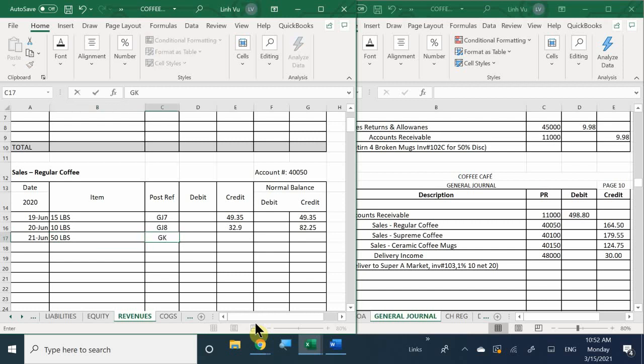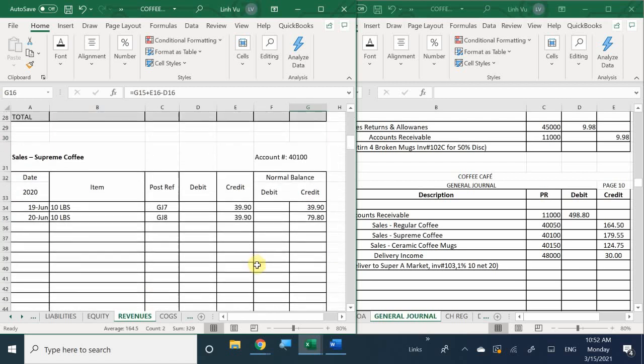General journal number 10, for a total of 160.50, giving me my ending balance of 246.75. Good.